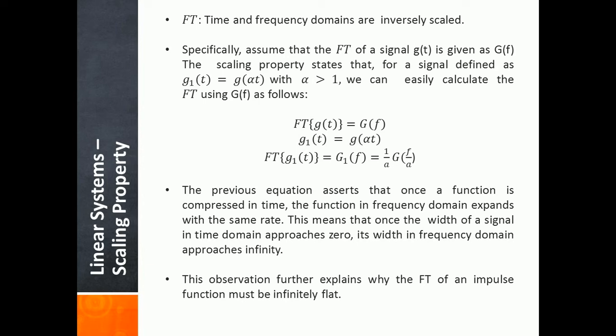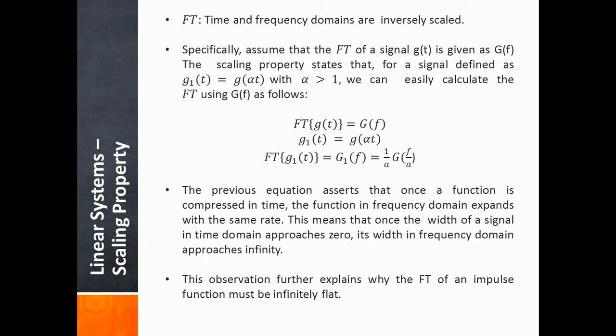That means initially, if it took 10 seconds for one signal to complete, now by compressing the signal by a degree of 2, you have 2 signals that cover the same time span, because the time period is now 5 seconds. Now what you notice here is that by compressing the signal by a degree of 2, you have doubled the frequency.